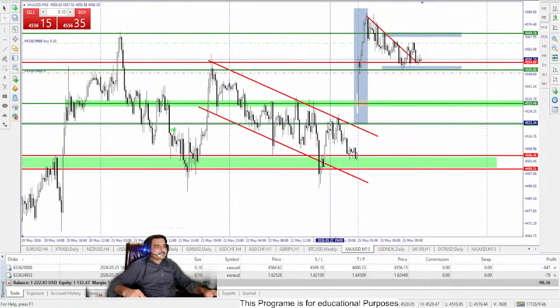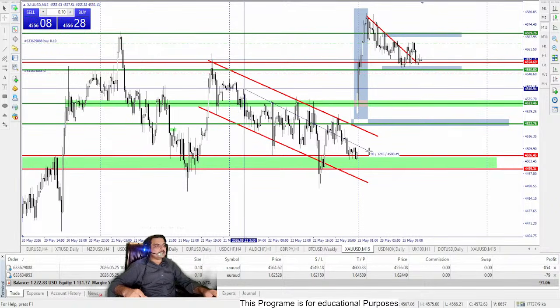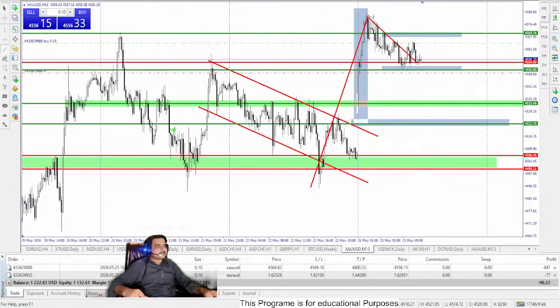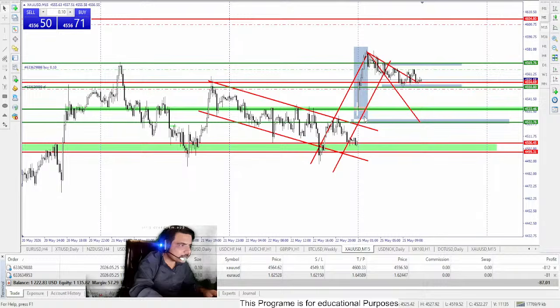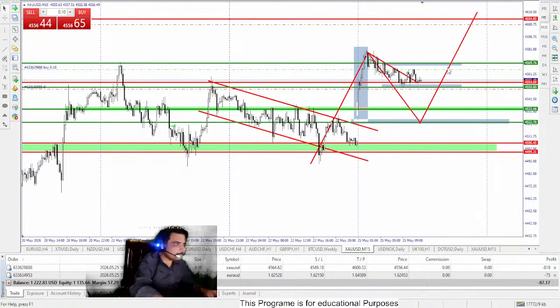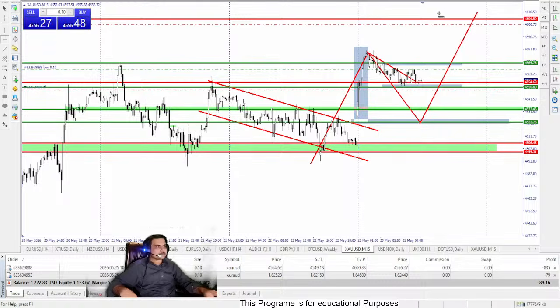Because right here if you see, near this zone we have got the break of this particular channel, and we can also expect this A to B, this C to D, and obviously then this D to E. This is the stuff that is going on.